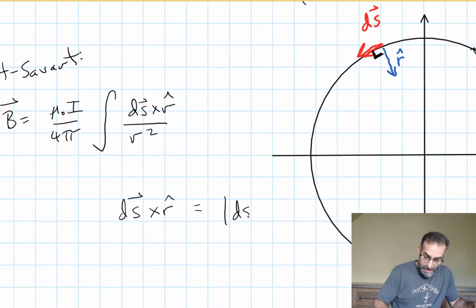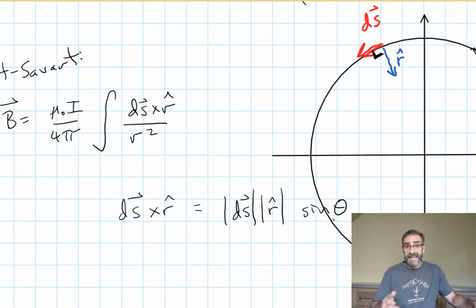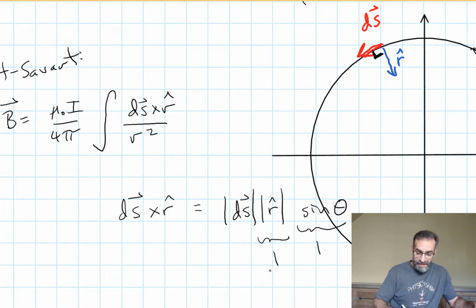Remember, this is the magnitude of ds, the magnitude of our unit vector, which is just 1, and the sine of the angle we get when we put their tails together. In this case, that's 90 degrees. So the sine of 90 degrees is 1. The magnitude of a unit vector is 1. And so all we're left with is ds.